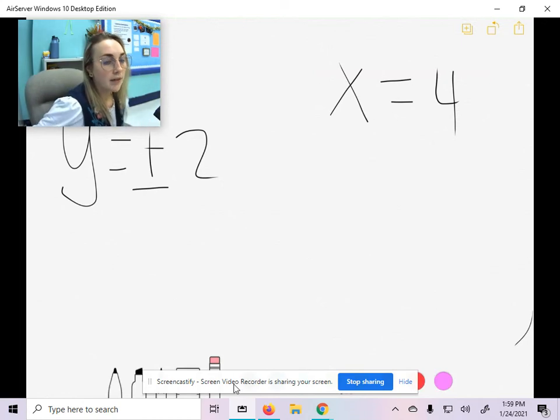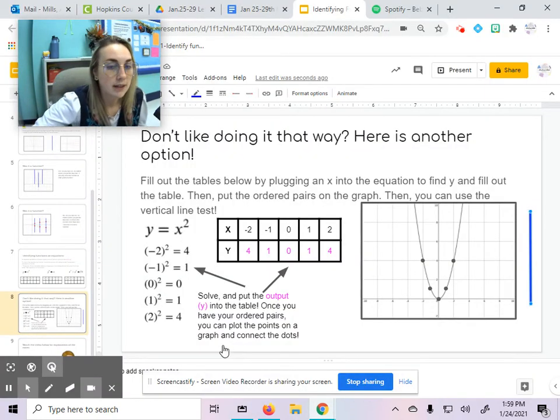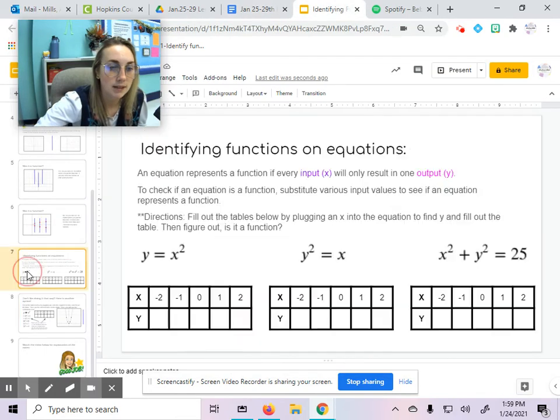So an example of an equation that's not going to be a function is, let's look at, wow, did it freeze on me? There we go.